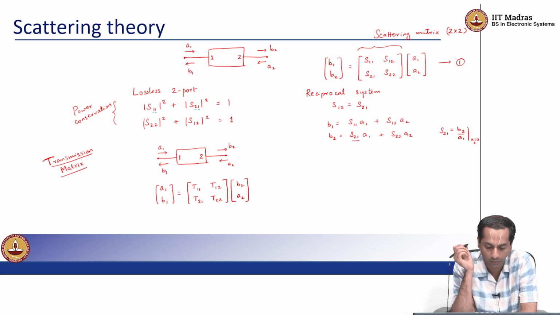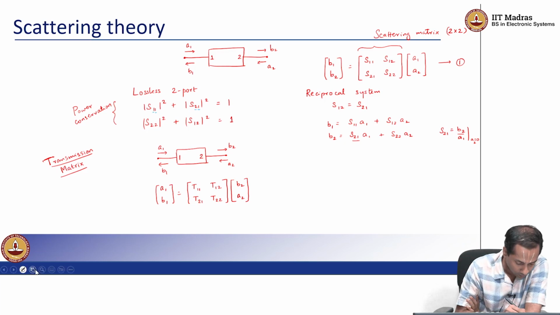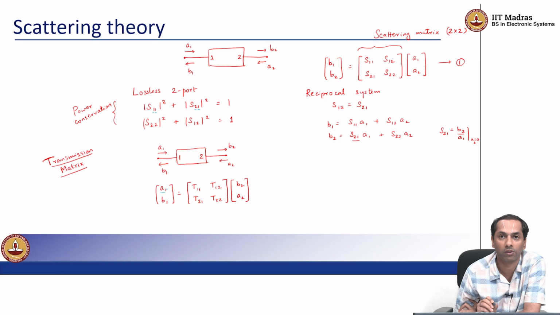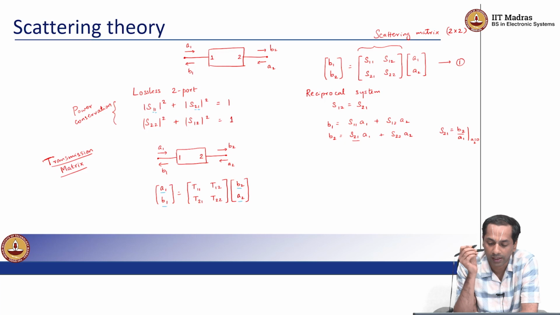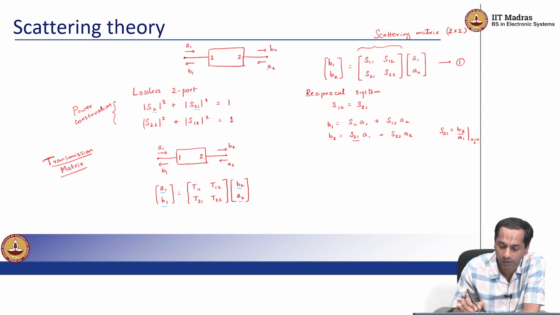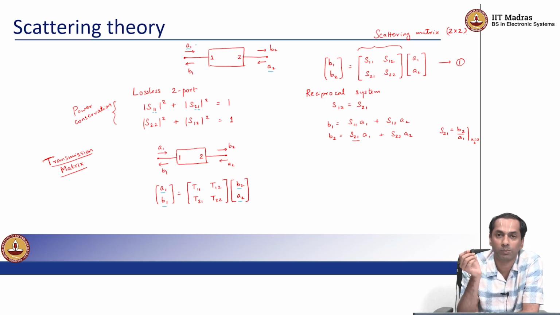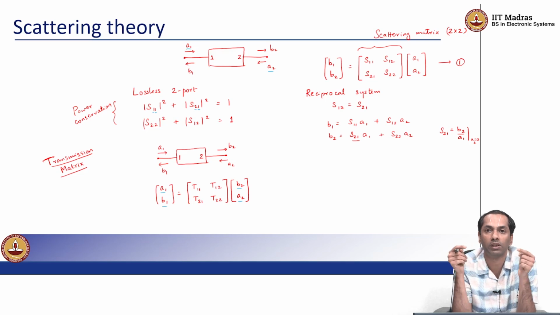So I'm using a notion of a left-right system. A1 is the wave amplitude going to the right, B1 is the wave amplitude going to the left. Similarly, B2 is the one going to the right, A2 is going to the left. In the scattering viewpoint, we only looked at A's being the amplitudes that come towards the element, and B's as the variables that are taking power away from the element.